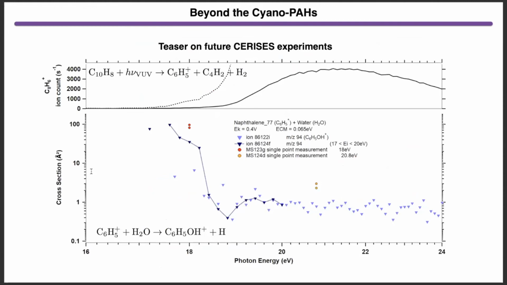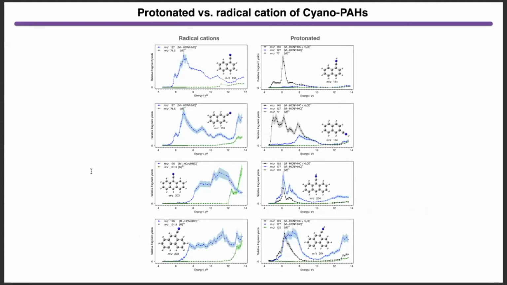This would be with Christian Alcaraz, Claire Romanzin, and Roland Thissen, where we just looked quickly at forming C6H5+, not the most efficient way, starting from naphthalene in this case, and we saw a big change in reactivity as a function of the photon energy, meaning as a function of the internal energy of the ions. So we also recorded the radical cations, and I'm not going into detail because we haven't looked at it so much after what we saw.